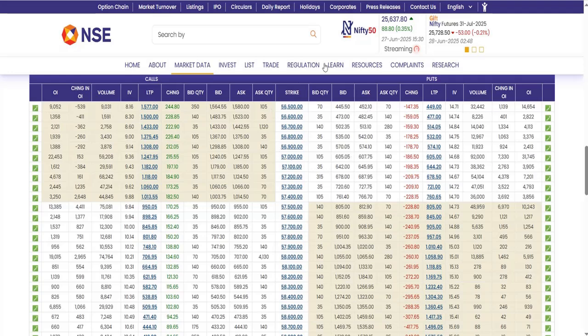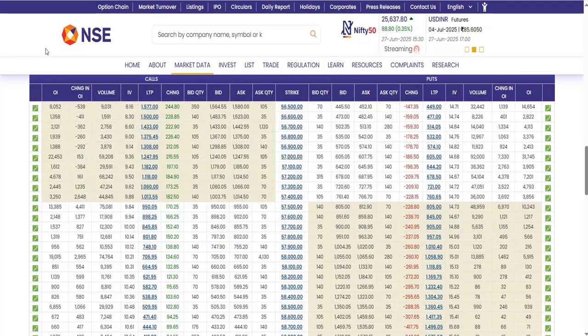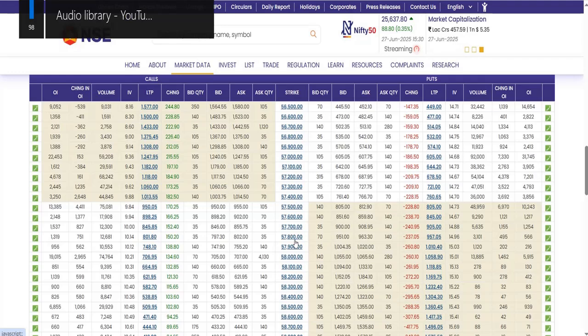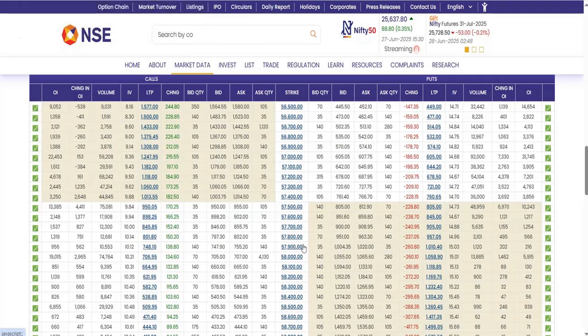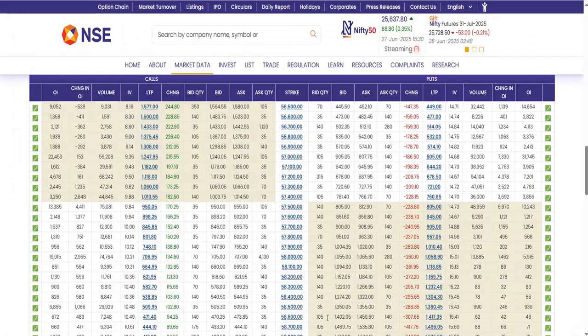Just for example, a call option is trading at around 100 rupees and Nifty's lot size is 50. To buy this call option, trading around 100 rupees, into lot size 50, we require around 5,000 rupees to place a buy order for the particular call option.